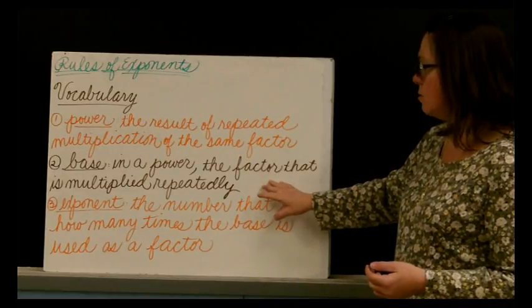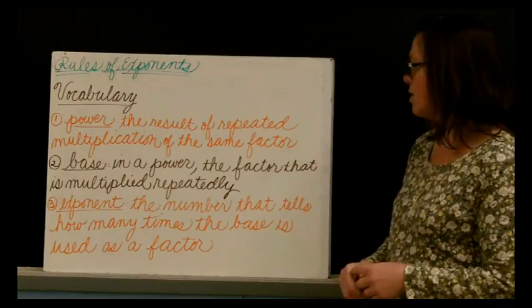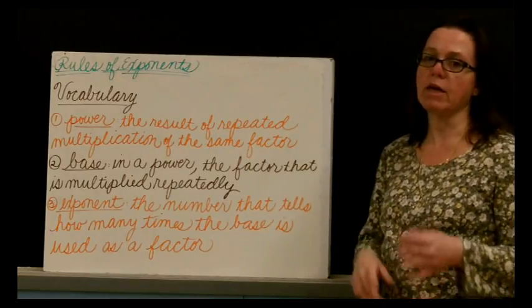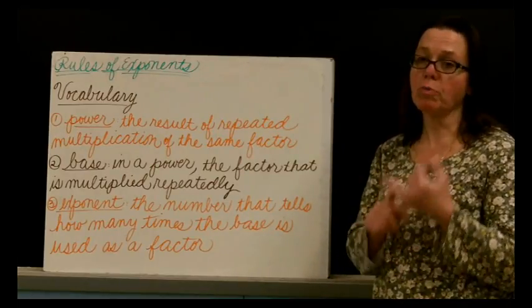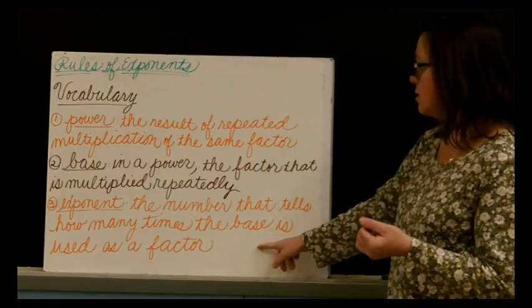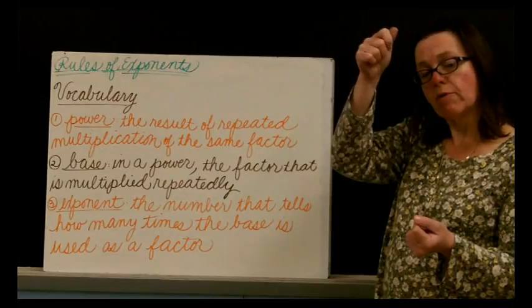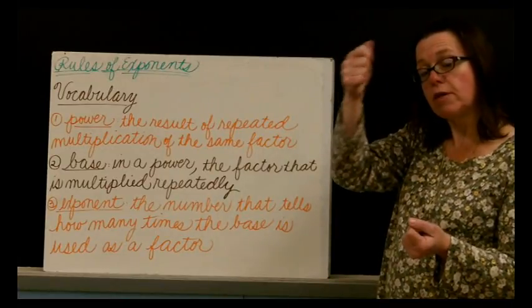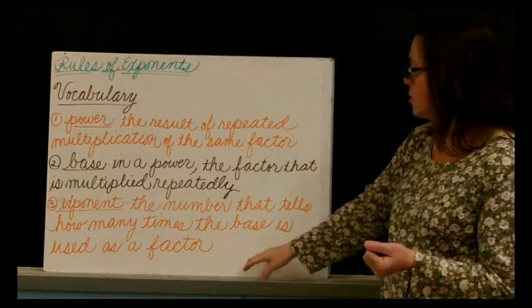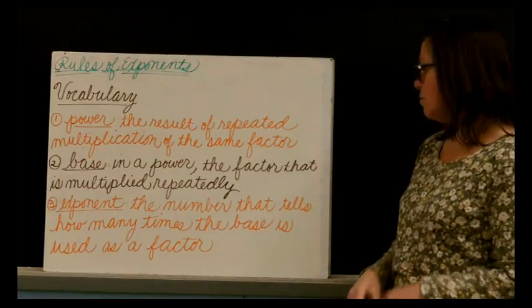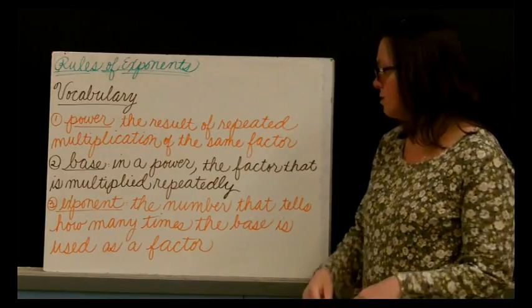The base, which in a power is the factor that is multiplied repeatedly. It could be a number or it could be a variable. And the exponent is that tiny little number that hangs in the same area that you would put an apostrophe in language arts. So the exponent is the number that tells how many times the base is used as a factor.